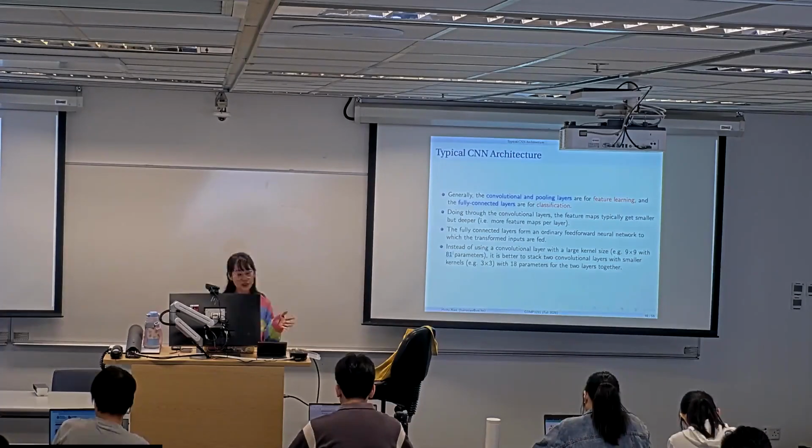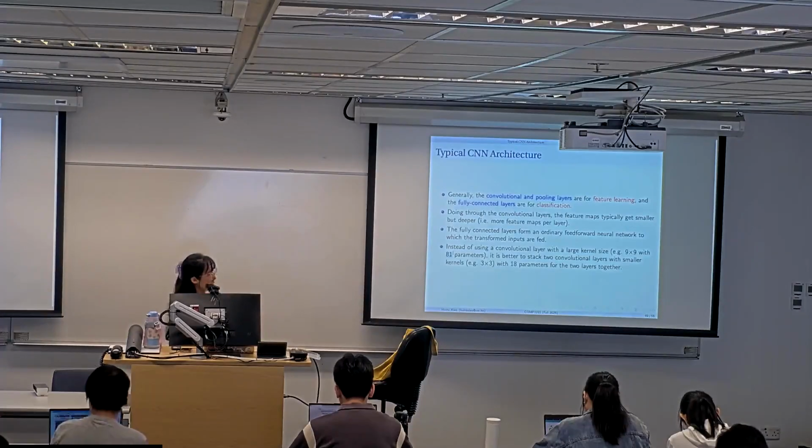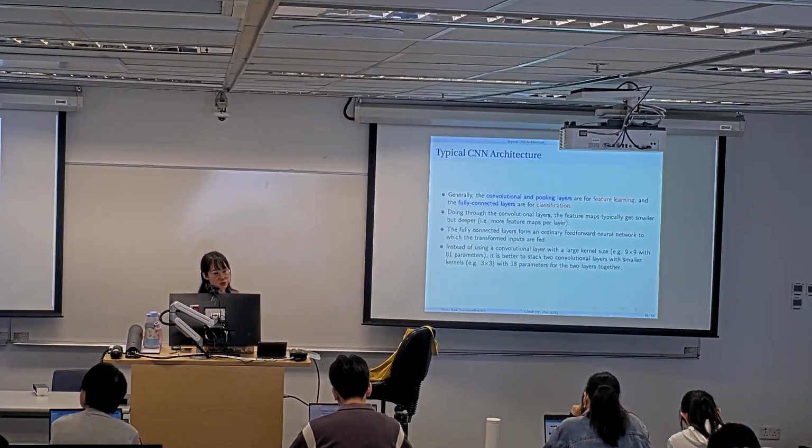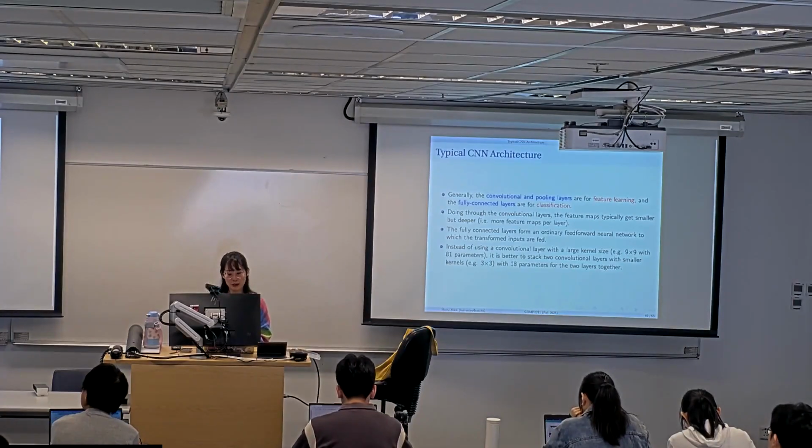So instead of doing this with a very large kernel size, it's better, and we always prefer, to stack 2 convolutional layers with smaller kernels. For example, we can have 2 convolutional layers, each with kernels of size 3x3. In that case, we will have 18 weight parameters for the 2 layers together. This is a conventional way to do that.